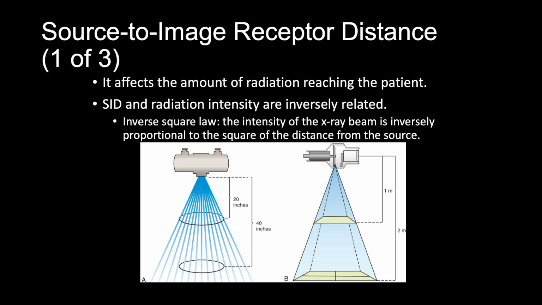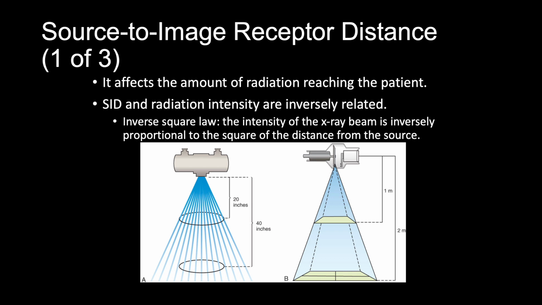The distance between the source of the radiation and the IR, source to image receptor distance, is the SID, and it affects the amount of radiation reaching the patient. Because of the divergence of the X-ray beam, the intensity of the radiation varies at different distances.